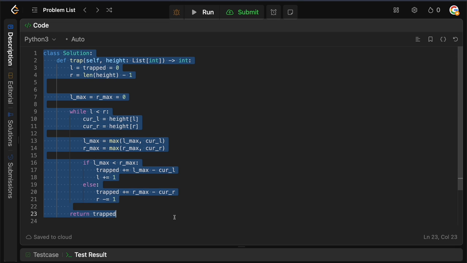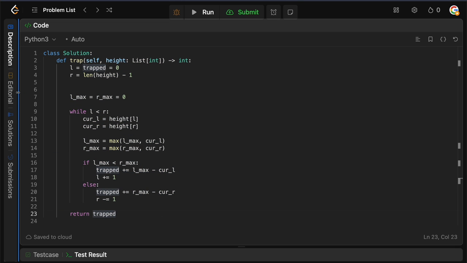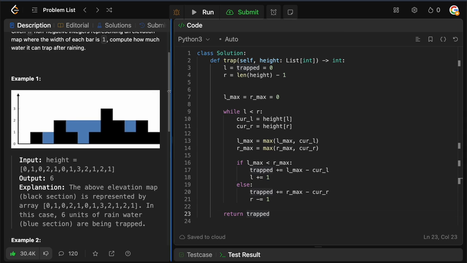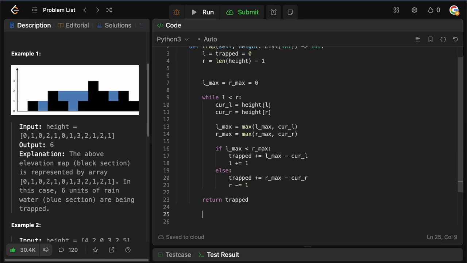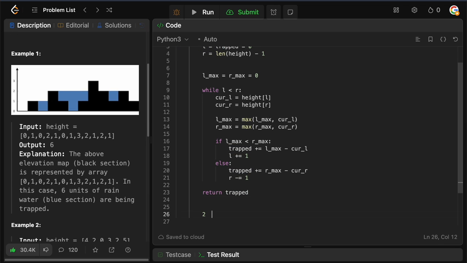One where it's really, really easy to code, but actually explaining it is the tricky part. Again, this is a greedy solution, so we're only able to take waters as they come based on where we were able to bound ourselves, right? So if we have a bound of 2 and a bound of 2, then in this case, we have a bound here and we have a bound here.